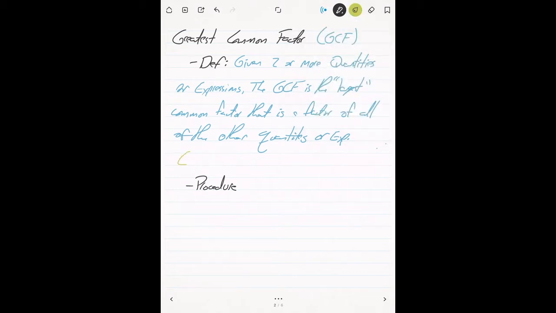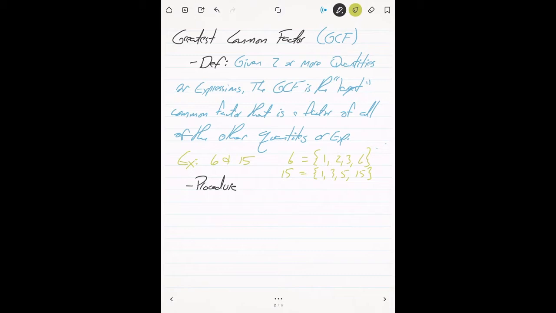If you have multiple numbers or multiple terms and polynomials together, the GCF is the largest of the factors that are shared between these quantities or expressions. So for example, let's take the numbers 6 and 15. What numbers are in common between 6 and 15? Well, let's list the factors. 6 has the factors 1, 2, 3, and 6. 15 has the factors 1, 3, 5, and 15.